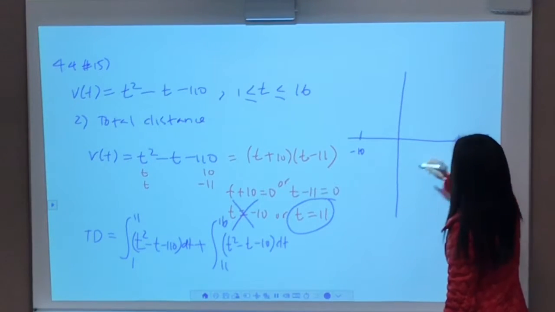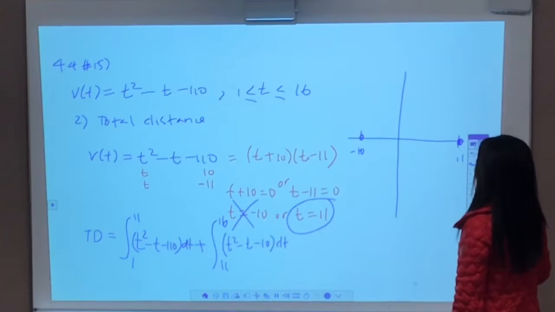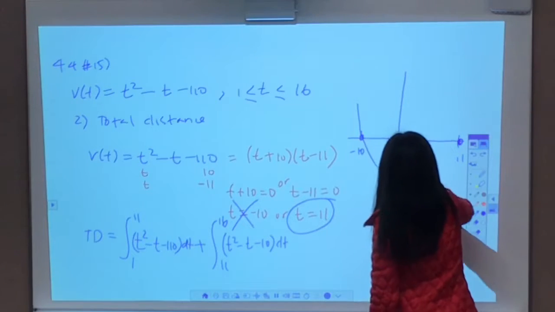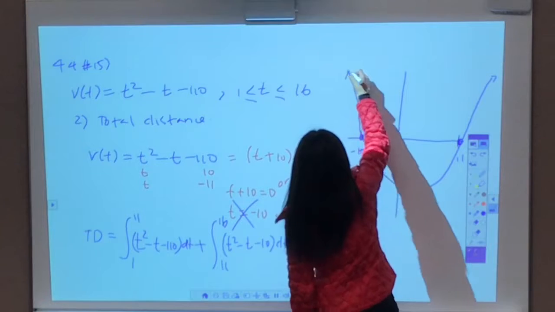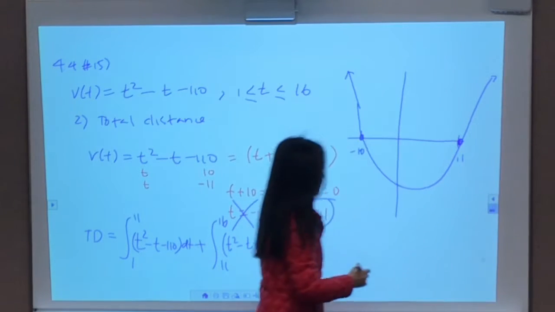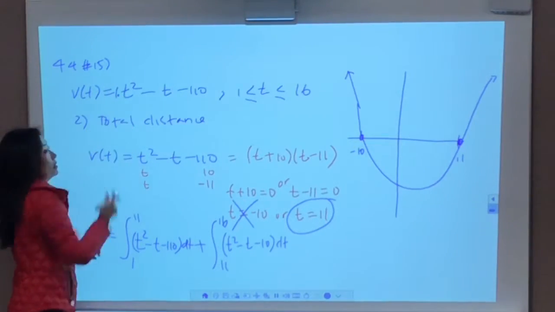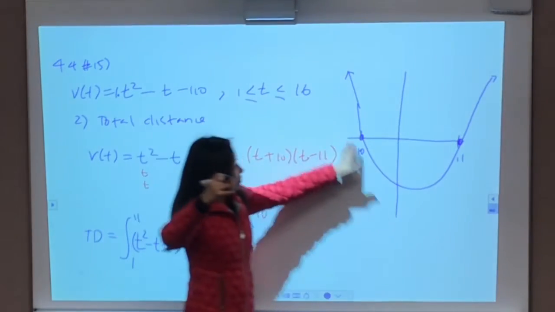So we're going to have here and here. This is what my graph looks like, right? Are you with me, class? Because t squared is a positive number, your graph has to be what? Concave up. So I will have a graph that looks like this.